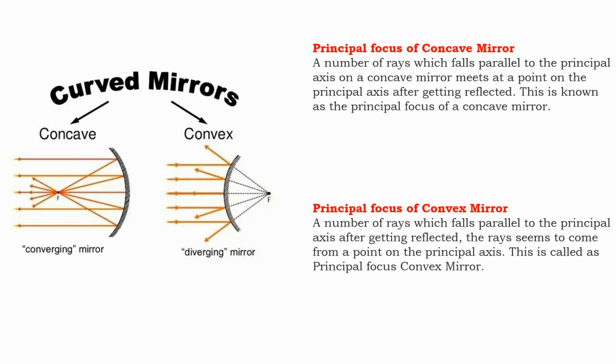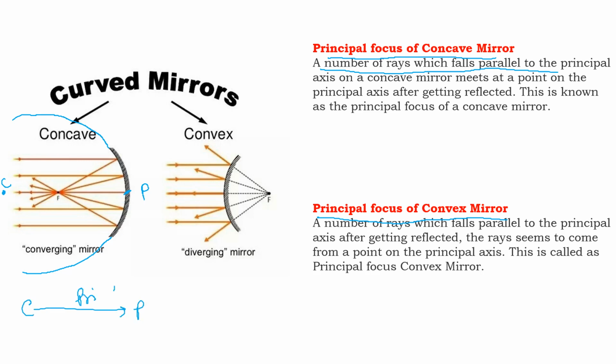Now, as I told you, the principal focus of a concave mirror and the principal focus of a convex mirror are both different. Number of rays which fall parallel to the principal axis. Just now I told this, let us say this is actually a sphere. Let us say this is the center of curvature, this point is the pole, and the line from C to P is what?